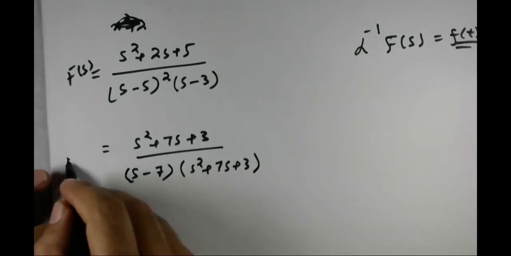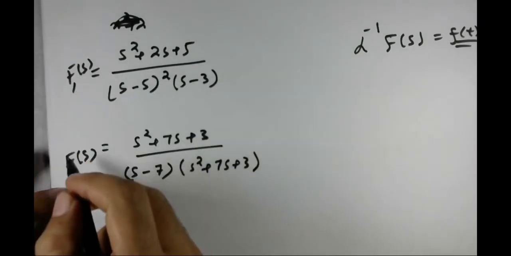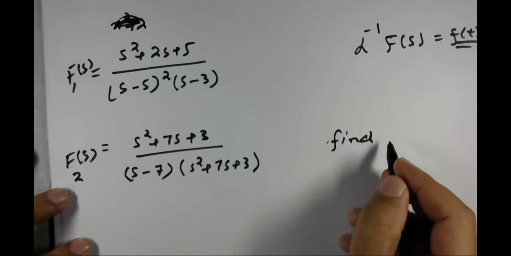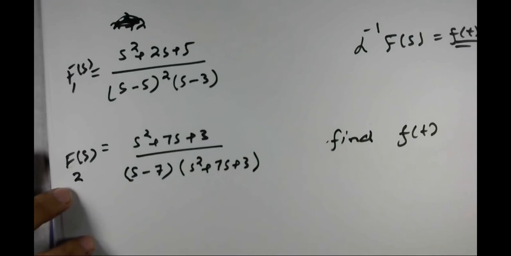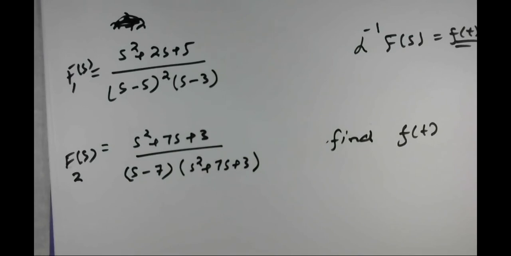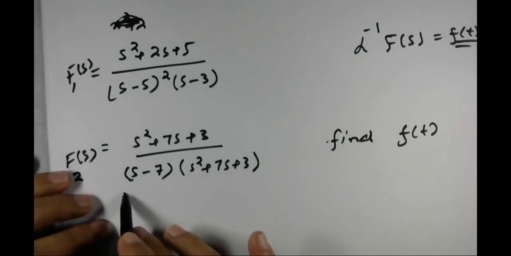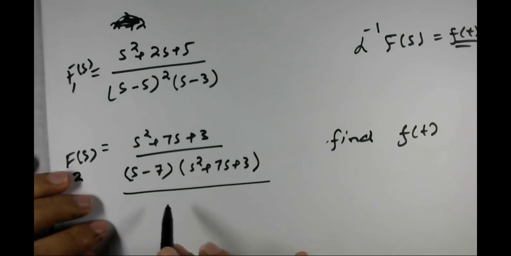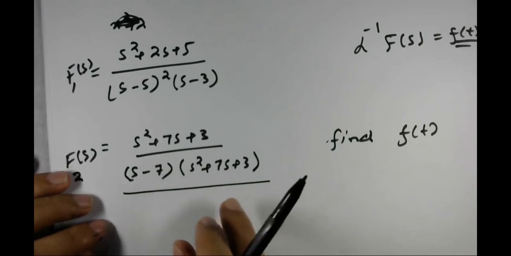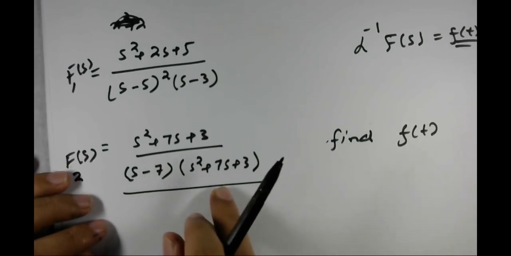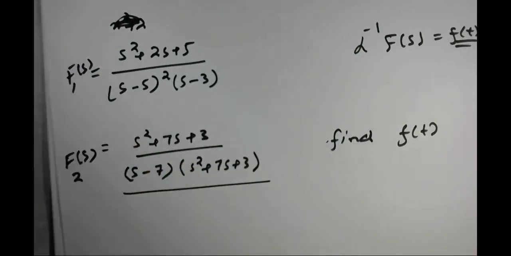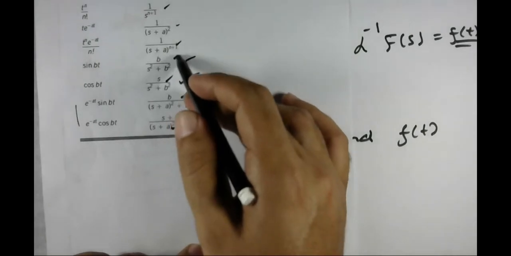Say this is your F(s); I will say this is F1(s) and this is F2(s), and my question is to find f(t). Finding f(t) is not a big deal, but solving this partial fraction is a little bit tricky. So go back and revise the partial fraction concept, divide it into different components, and you will see that each will belong to one class from the table, either here or here, and so on.